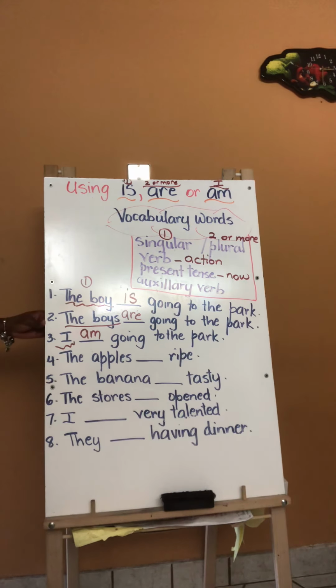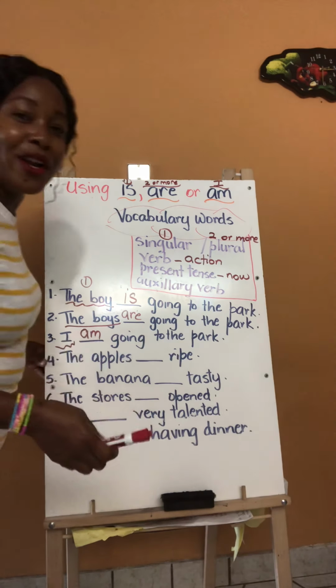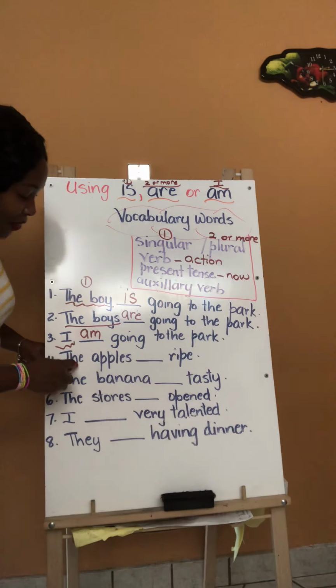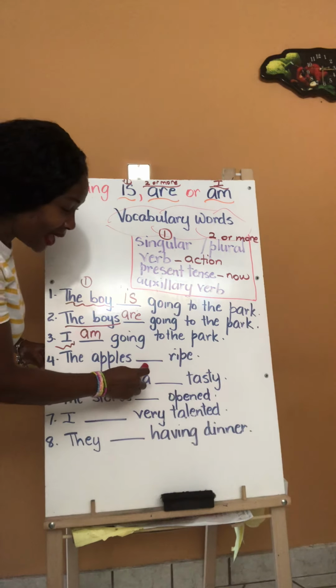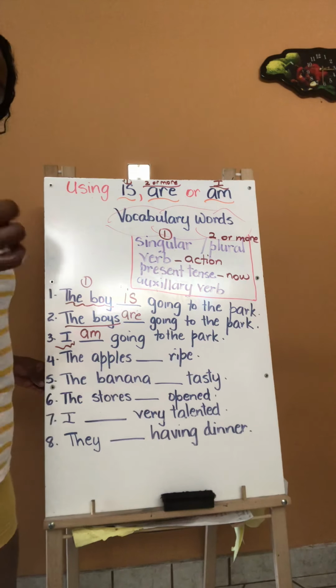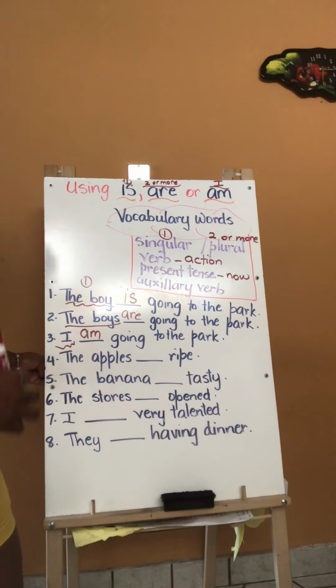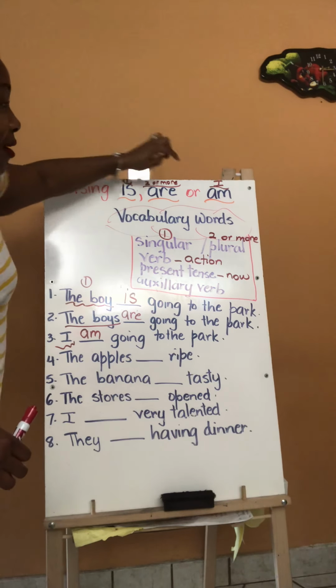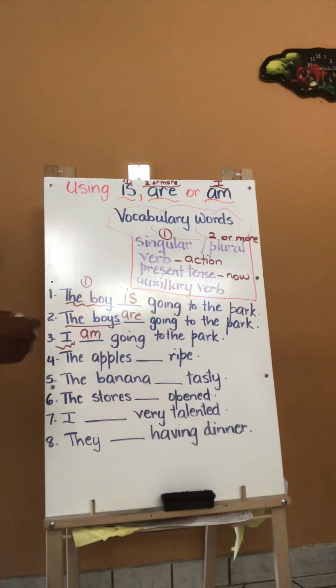Number 4. We're going to do this one together. So make sure you're working with me now. I'm not doing it all by myself. So the apples blank ripe. Now you look at it. See how many things or how many persons is it talking about, and are we going to use is, are, or am?